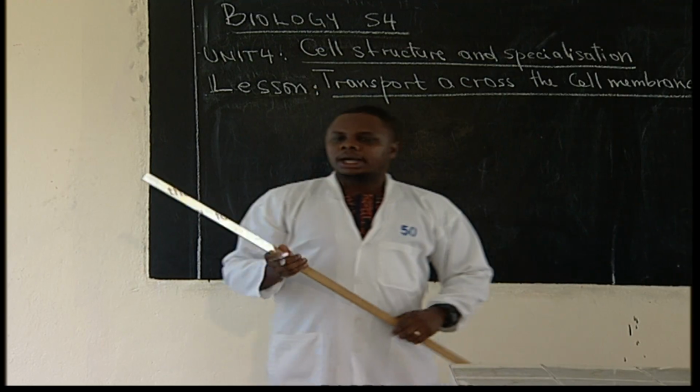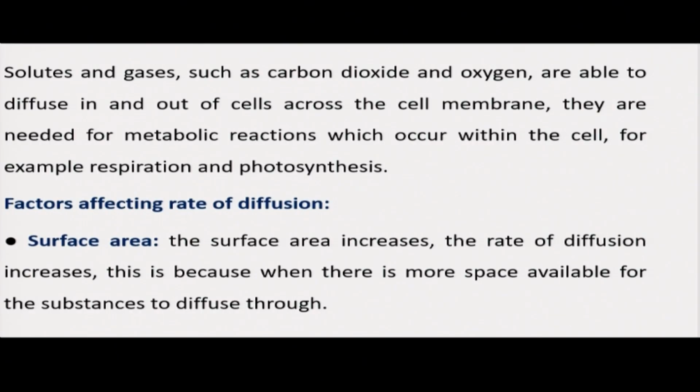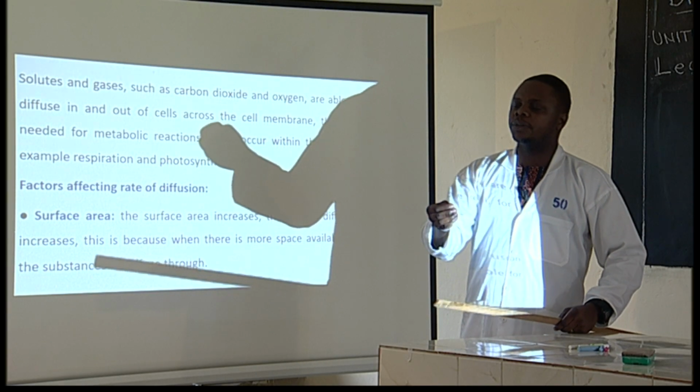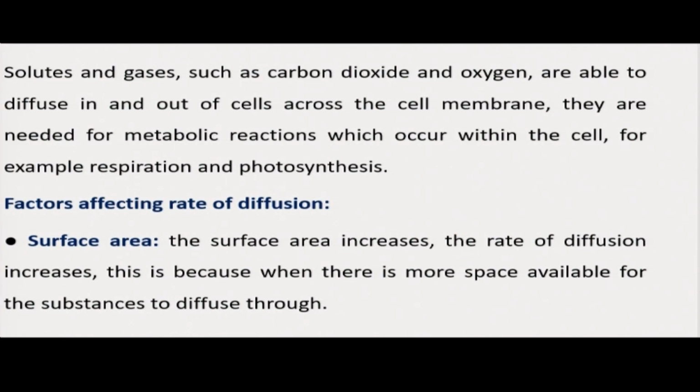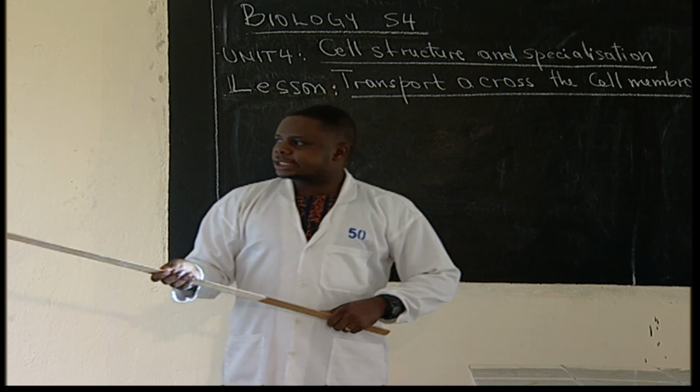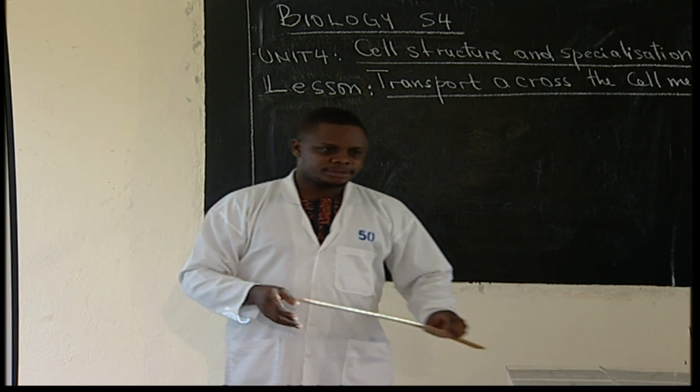And which examples of materials diffuse from one place to another? Here we can talk about gases like carbon dioxide and oxygen, which can diffuse from one part of the cell or from one part of the body to another part of the body. Example, oxygen.